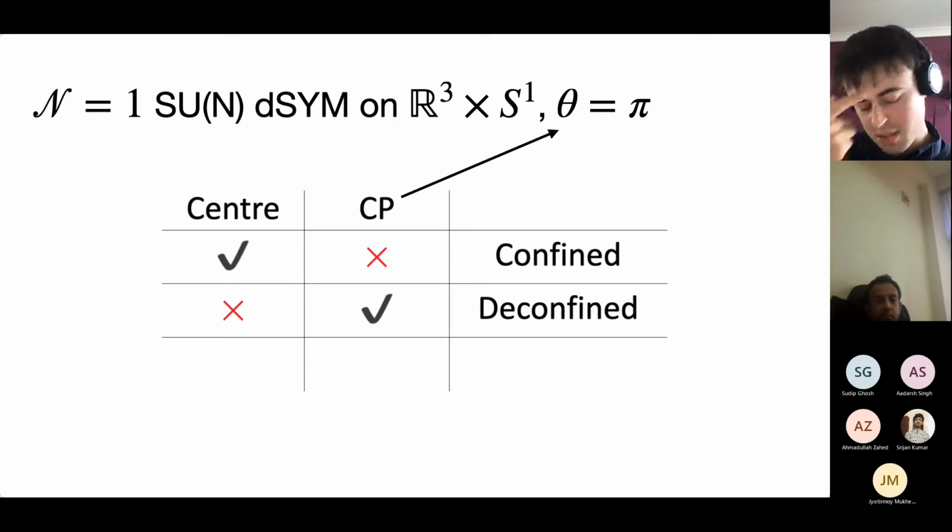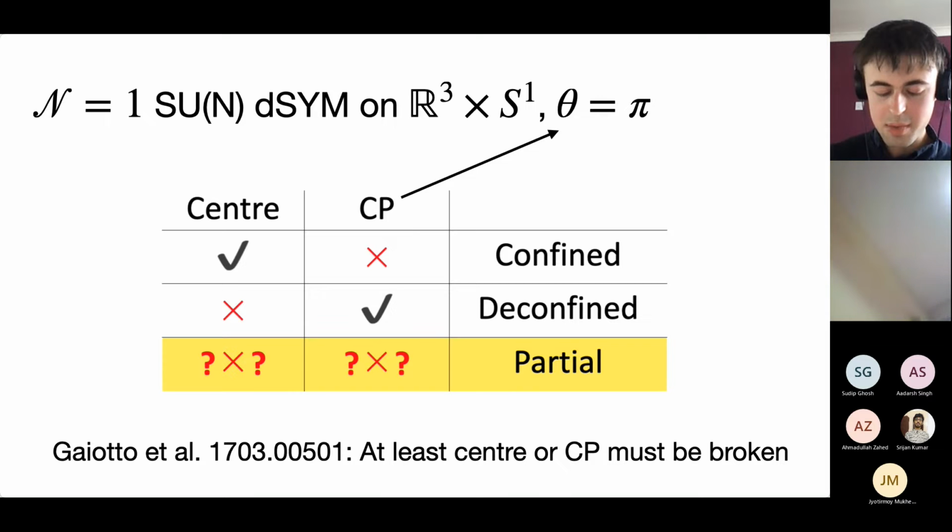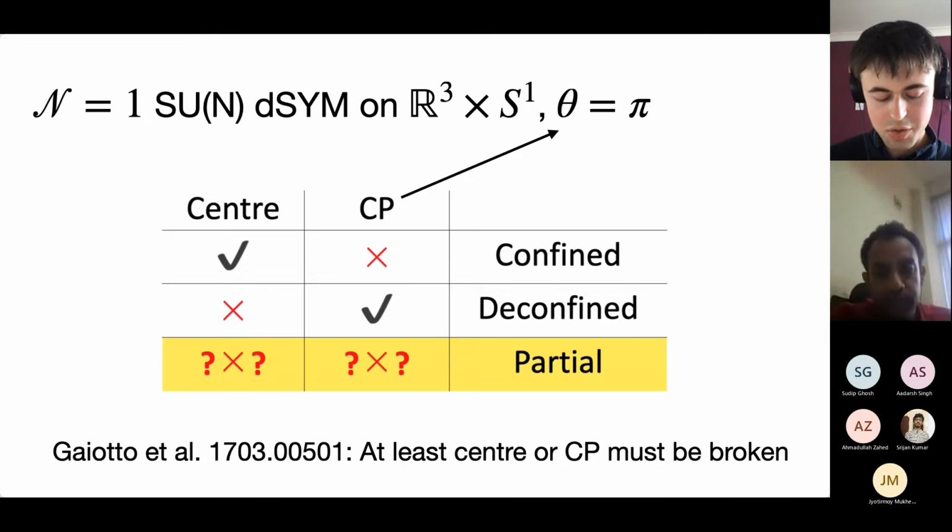The deconfined phase has CP symmetry but broken center. There's also an argument in this famous paper that one of these must always be broken. So by anomaly matching arguments, we would conjecture that the partial phase has both these symmetries broken.